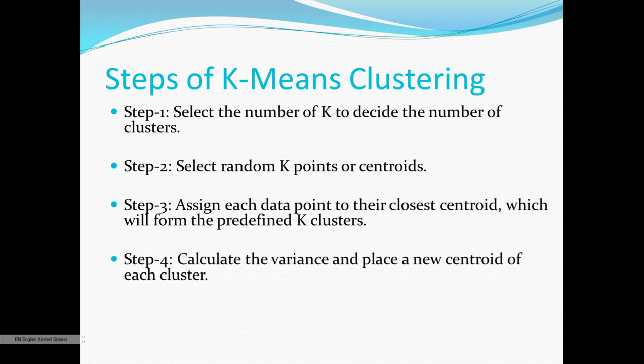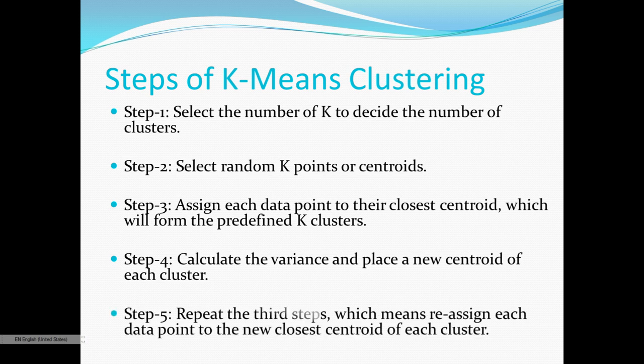Step 4 is to calculate the variance and place a new centroid for each cluster. Step 5: we repeat the third step, which means reassigning the data points to the new closest centroid of each cluster.